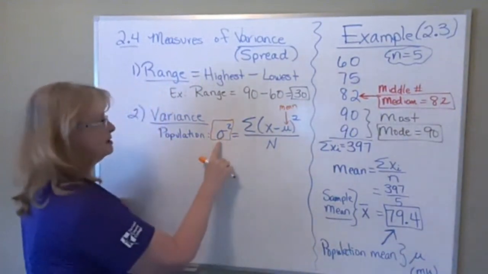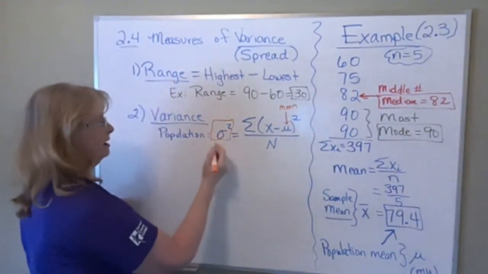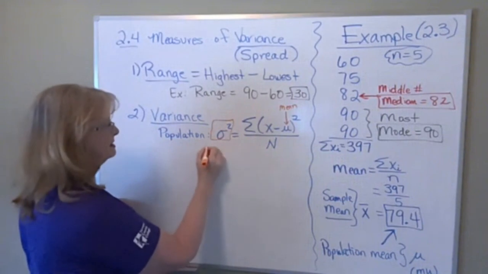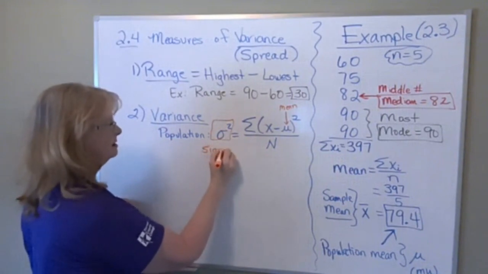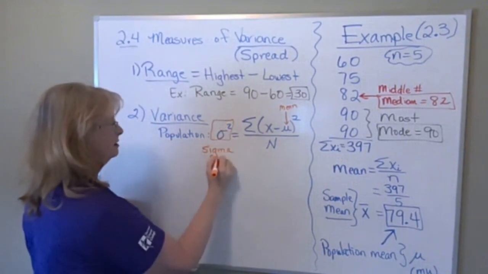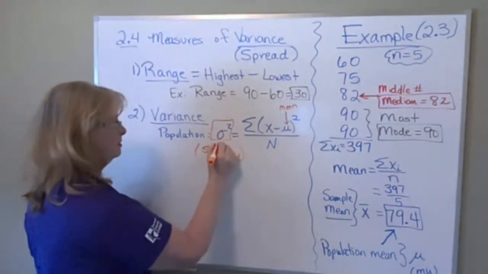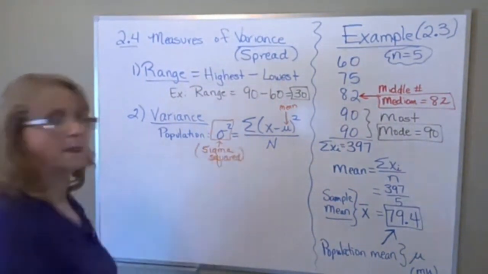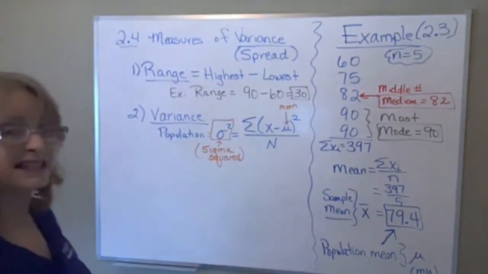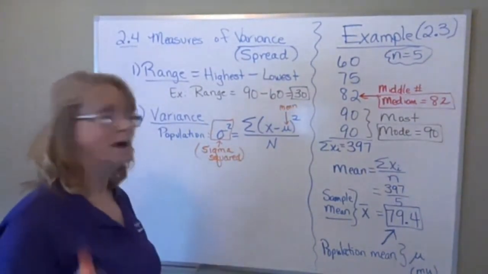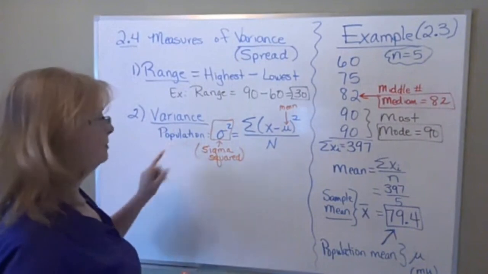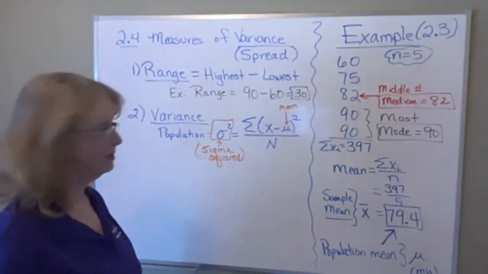But this is a lowercase sigma squared. So when we read this, it's sigma squared. That's the name of that symbol, and it represents the variance of a population.